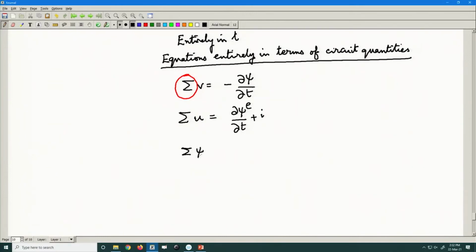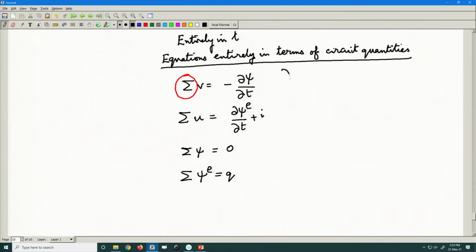Then summation over psi is 0, where psi is the closed integral of B dot ds, and then the summation over psi_e is q, where psi_e is the integral of D dot ds.